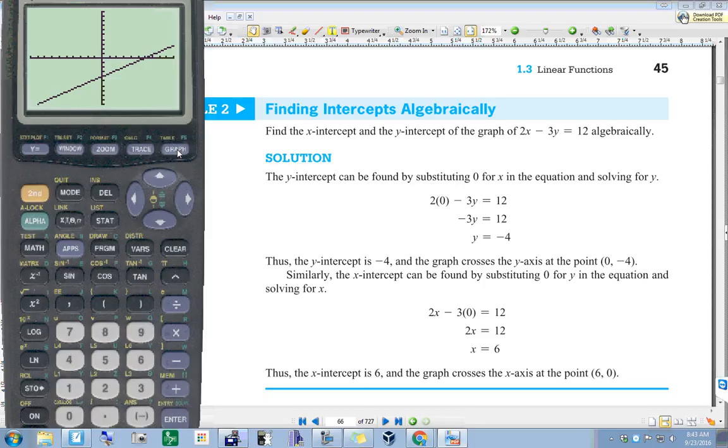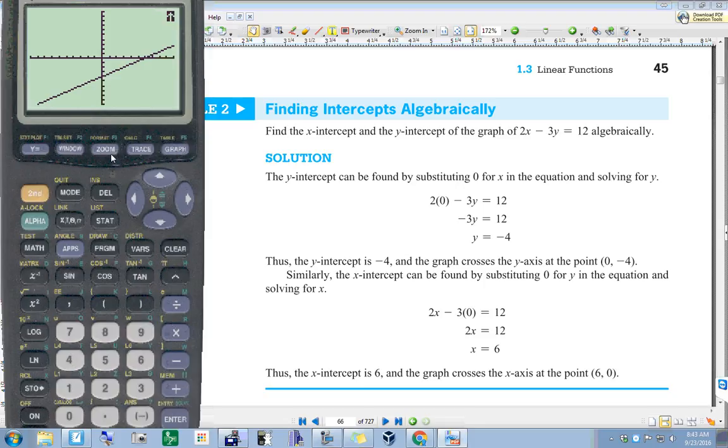Okay? And why did I do that? Well, I want it going through the x-intercept. I don't know what my value for x is, but I know y is going to have to be what? 0. So, I set that equation.